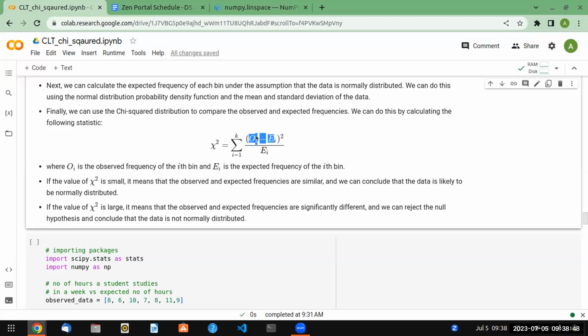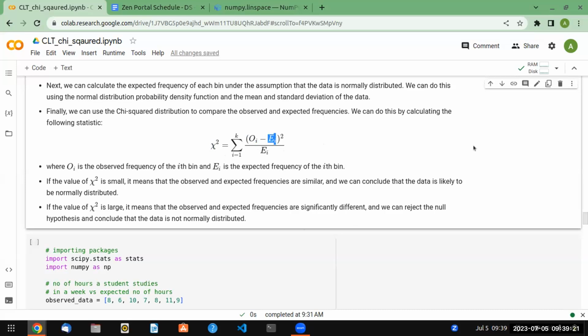If the observed frequency data and the expected frequency data differ only slightly, that means they are close to each other. And if this difference is large, then this value is large. That means this distribution and that distribution are different, not similar.